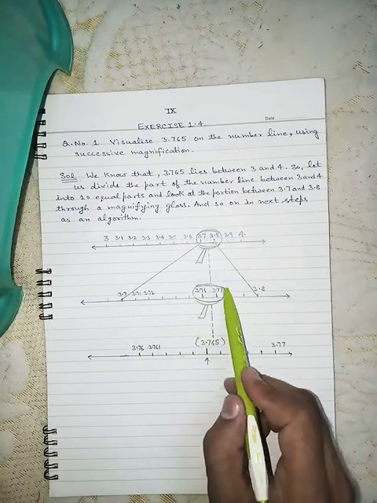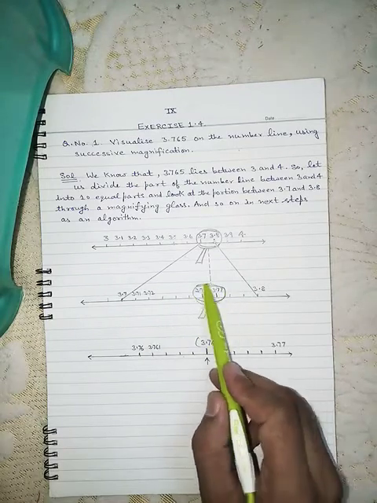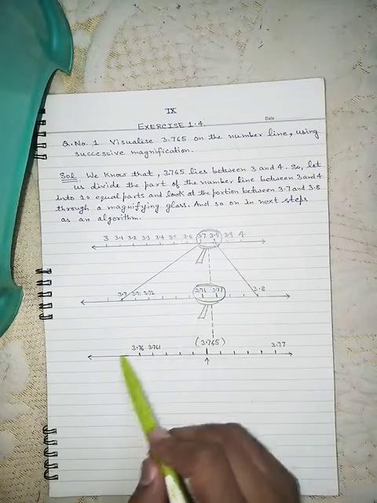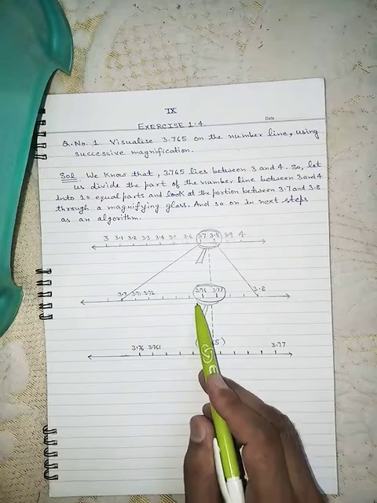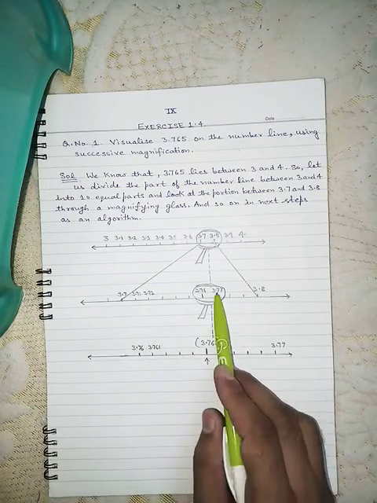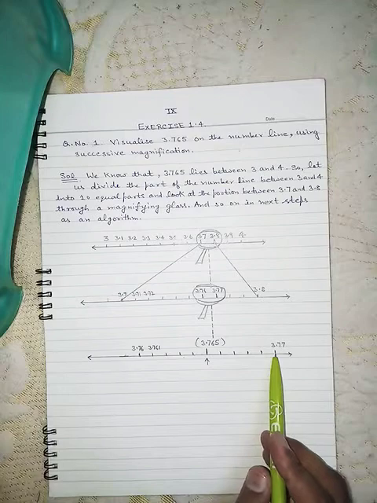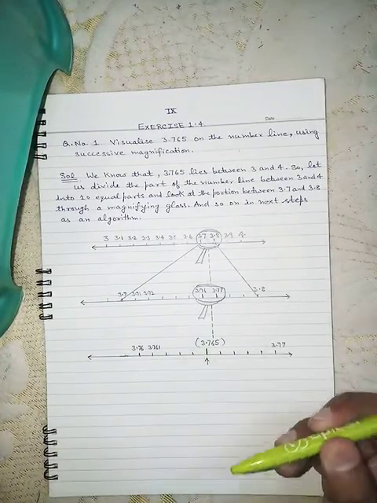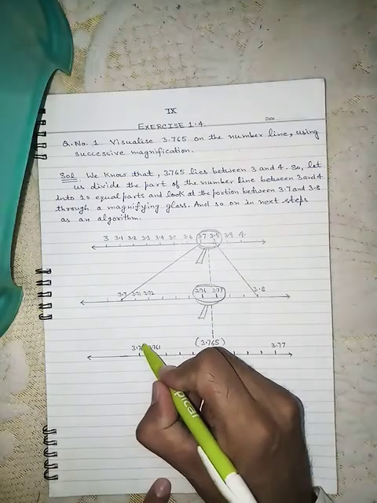By magnifying glass, when we see the next number line, 3.76 is on this part and 3.77 on this part. Okay, then now what will you do?